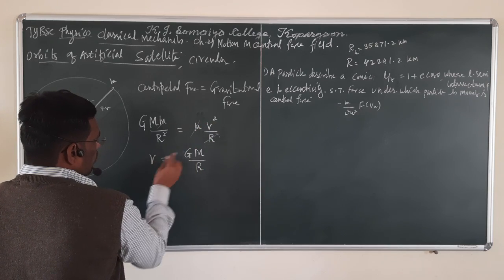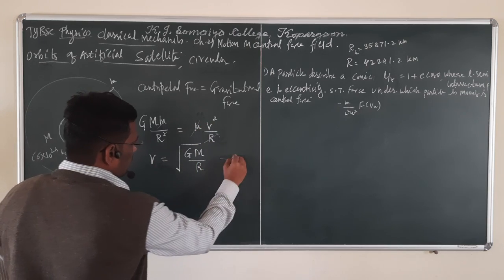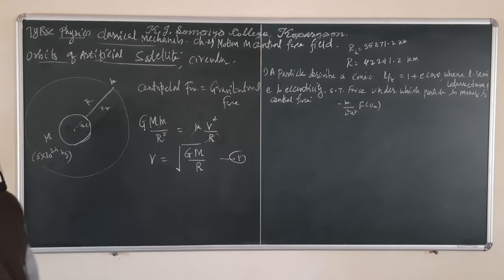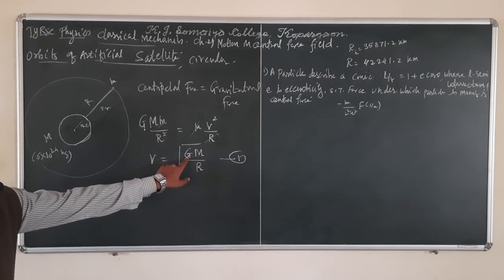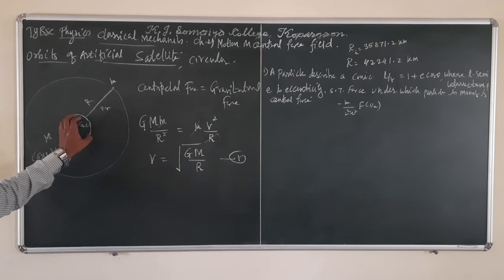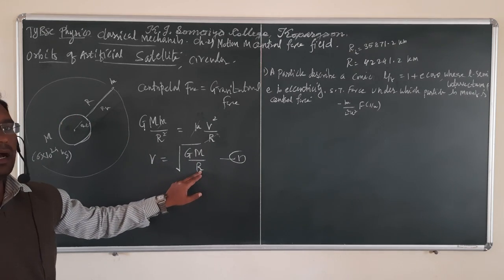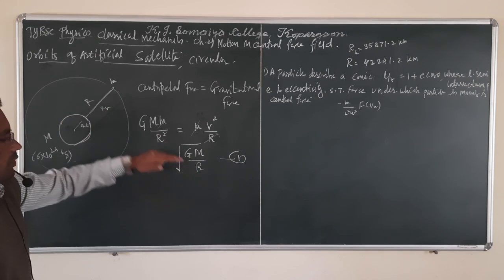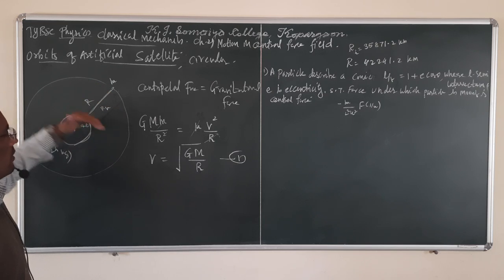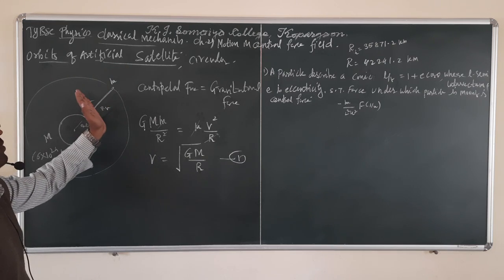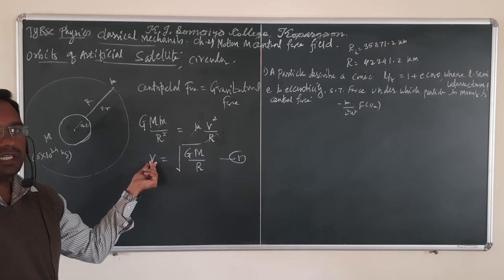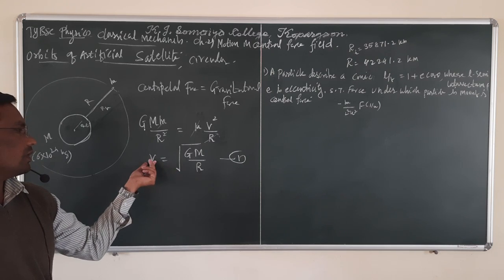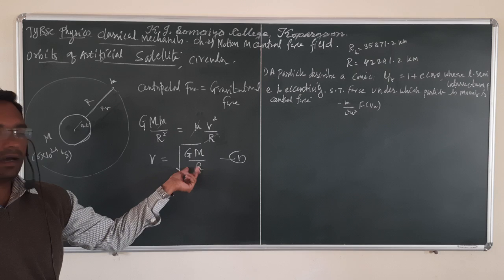If you take the square root of this, it becomes v equals square root of GM upon r. Now remember, the velocity of that satellite depends on the constant G, capital M, the mass of earth, which is constant, divided by r, which is the radius. If you keep the radius lower, then the velocity is maximum. If you keep the radius higher, then the velocity becomes lower, since velocity is proportional to the reciprocal of the square root of r.